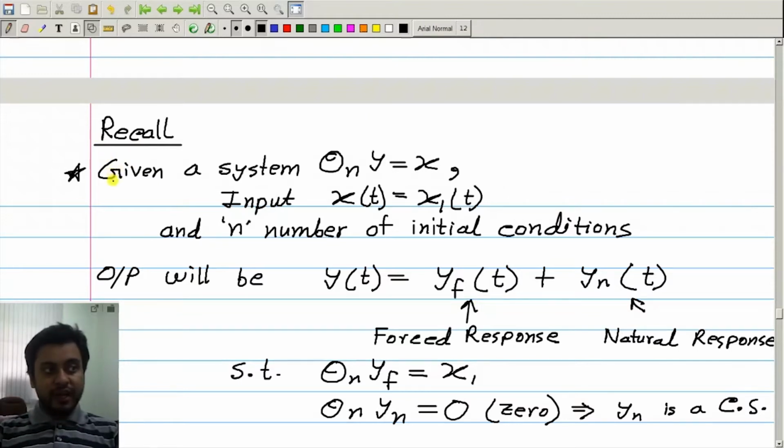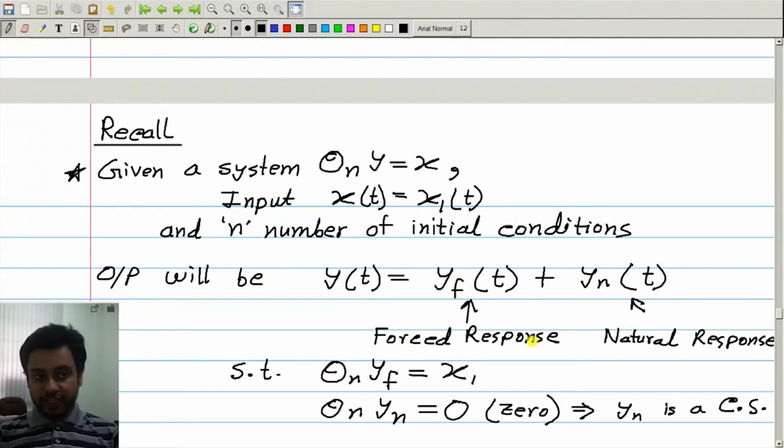We learned that given a system with this differential equation, and given the input x equal to some x1, and also given n number of initial conditions or boundary conditions, we know that the output will be of this form. It will have two components.